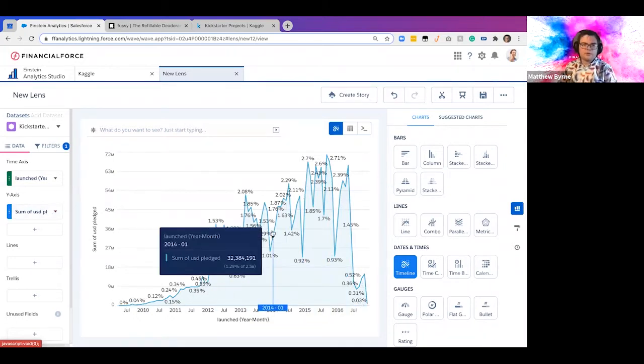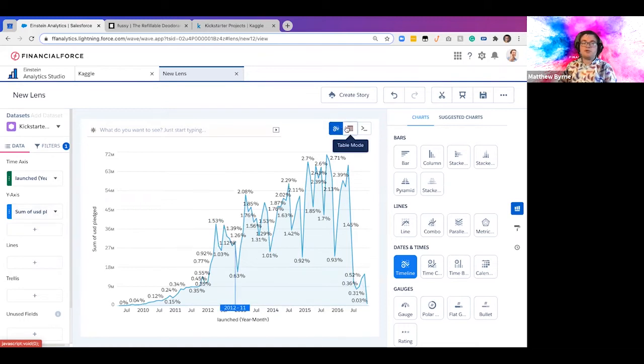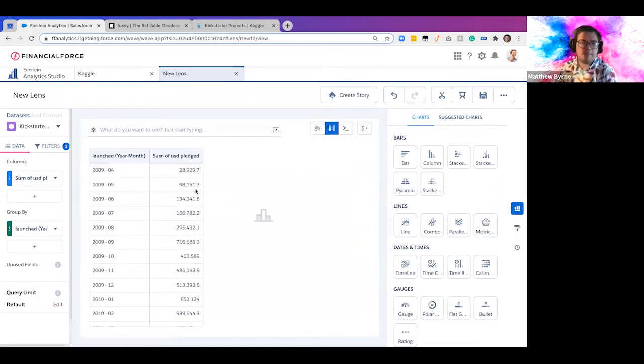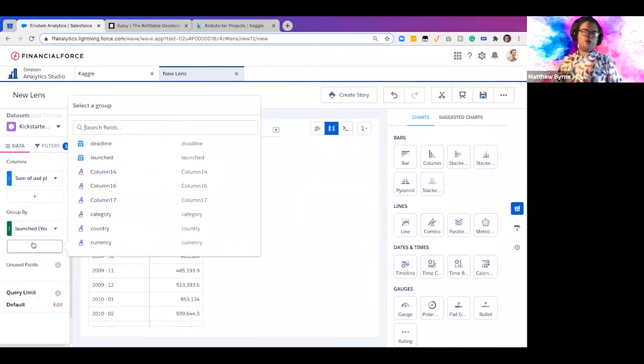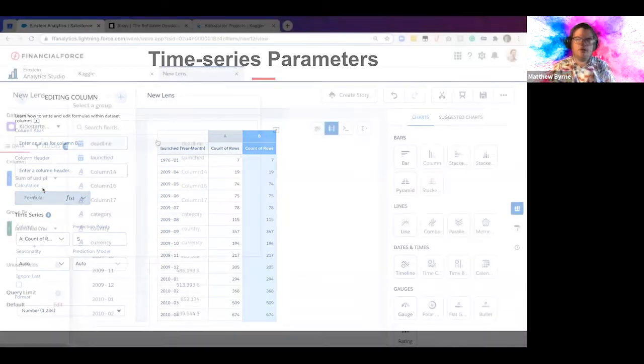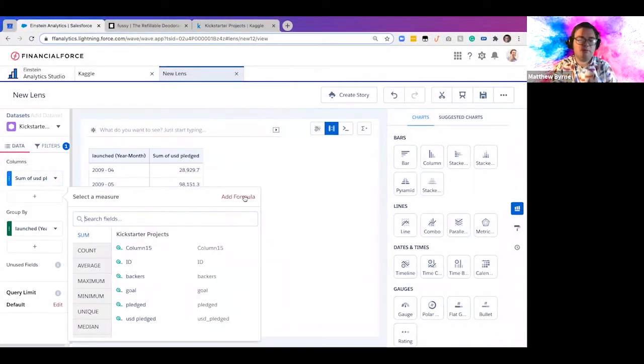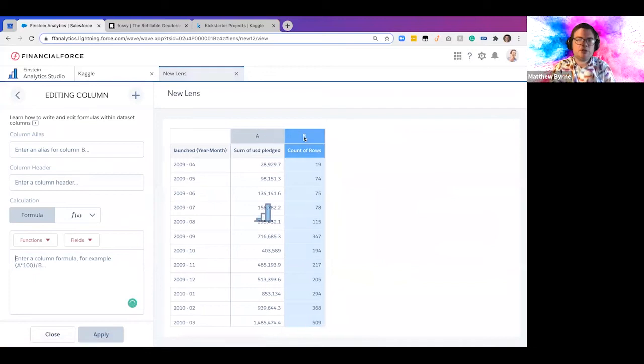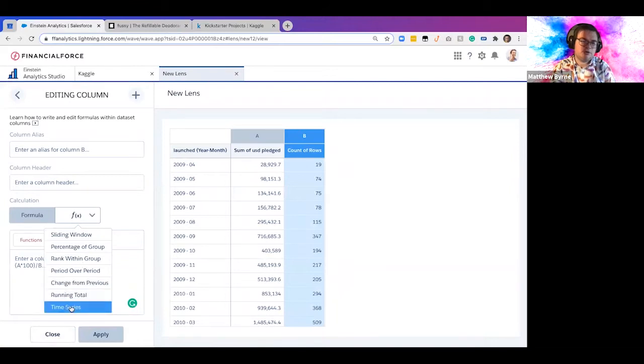Okay, now if we go back to our data table and we can see that information, we can also go in, and over in Einstein there is a function called time series. If I add in another column, add a formula, I'm not going to use this A/B stuff. I'm going to choose one of the functions called time series.